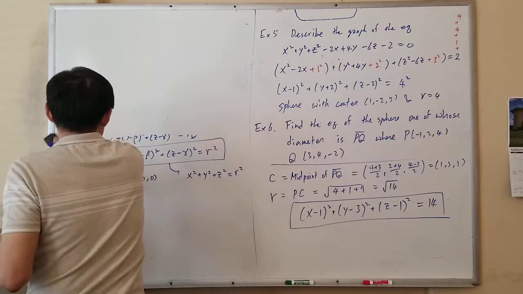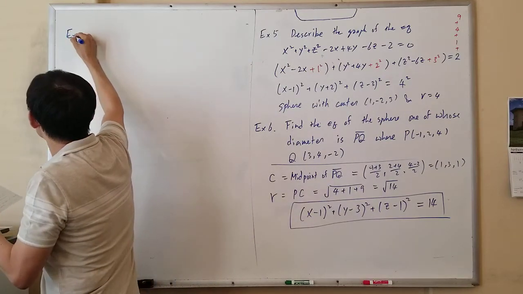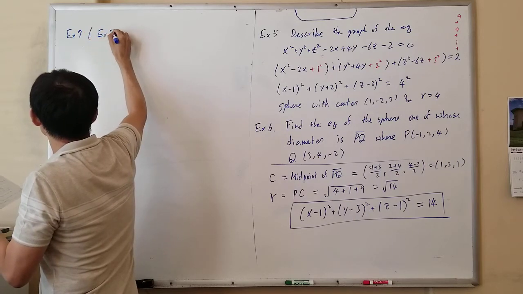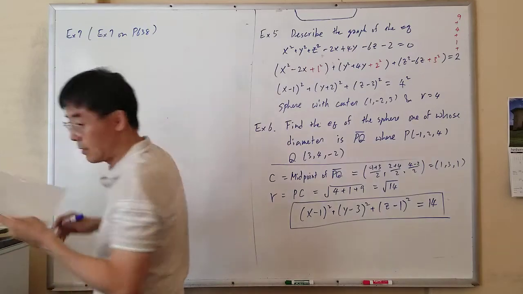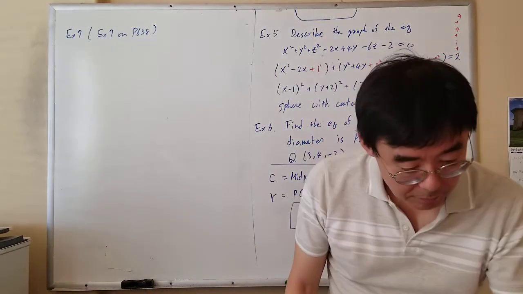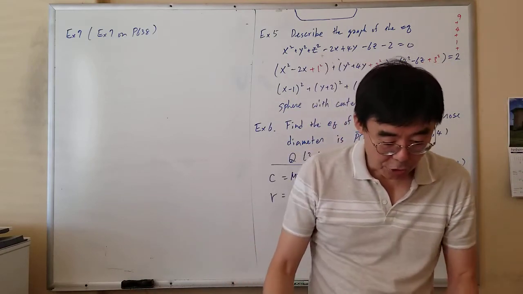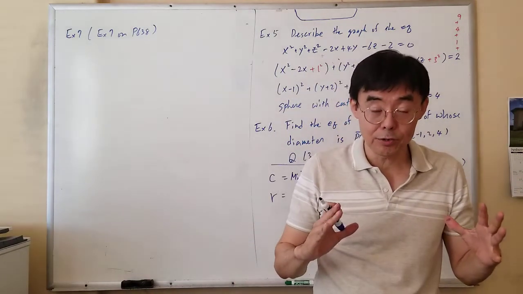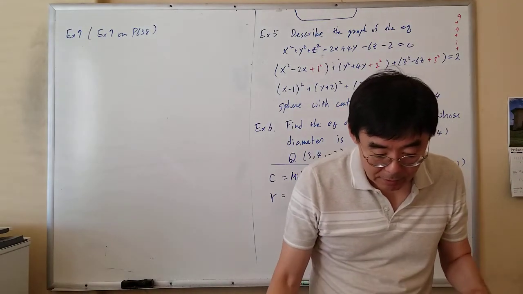And finally, example 7 is example 7 in your textbook, page 638. So take a look at your textbook, 638. This is a shell between two concentric spheres. One is radius 2, the other is, okay.